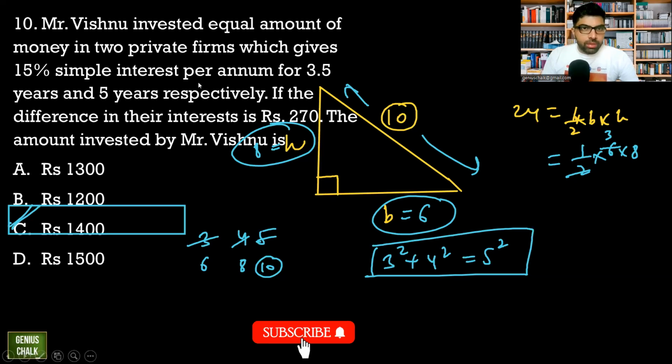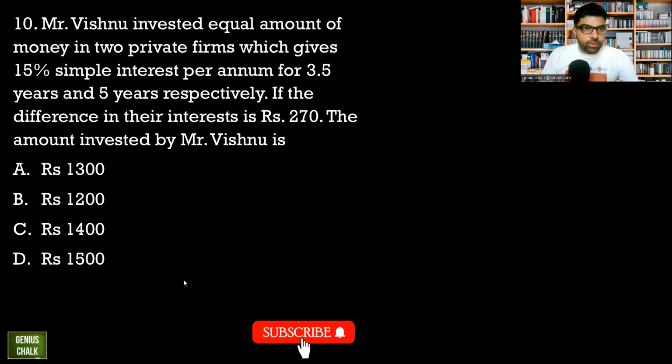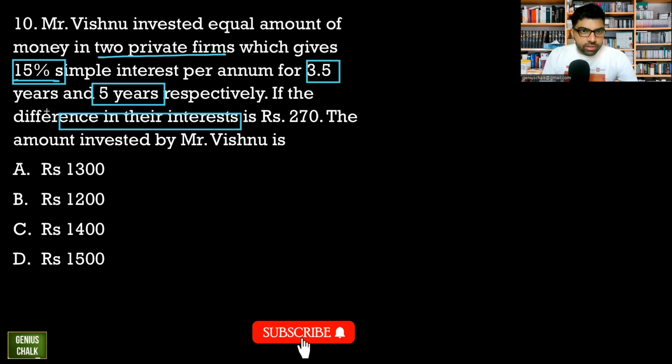Next, Mr. Vishnu invested equal amounts of money into private firms, which give 15% simple interest for 3.5 years and 5 years, respectively. If the difference in their interests is rupees 270, find the amount invested by Mr. Vishnu.